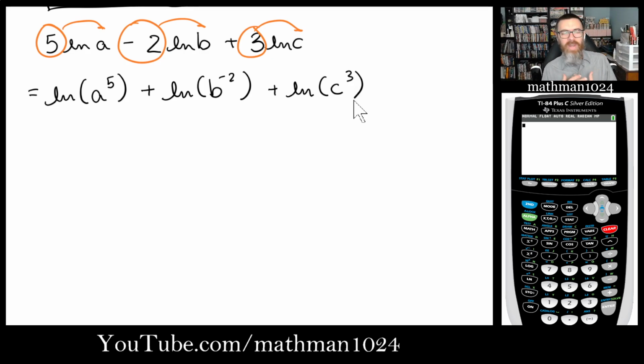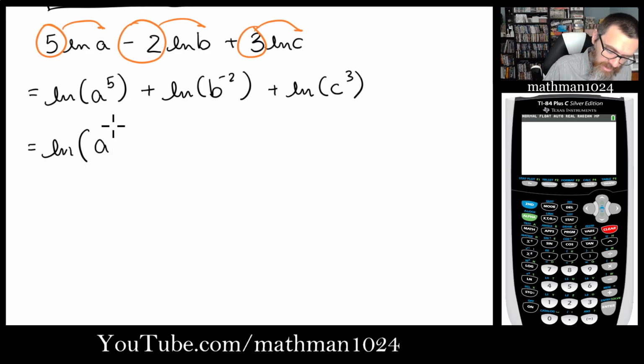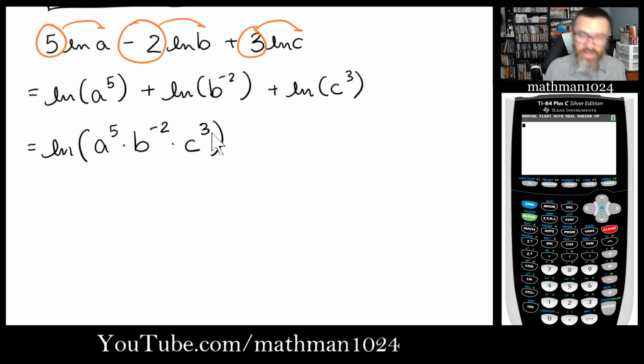Now this is the way that I would prefer to do it, but again, I'm going to show you another way, and you just choose whatever is best for you. Because all of this is addition, these factors get smashed together using multiplication inside of the log.